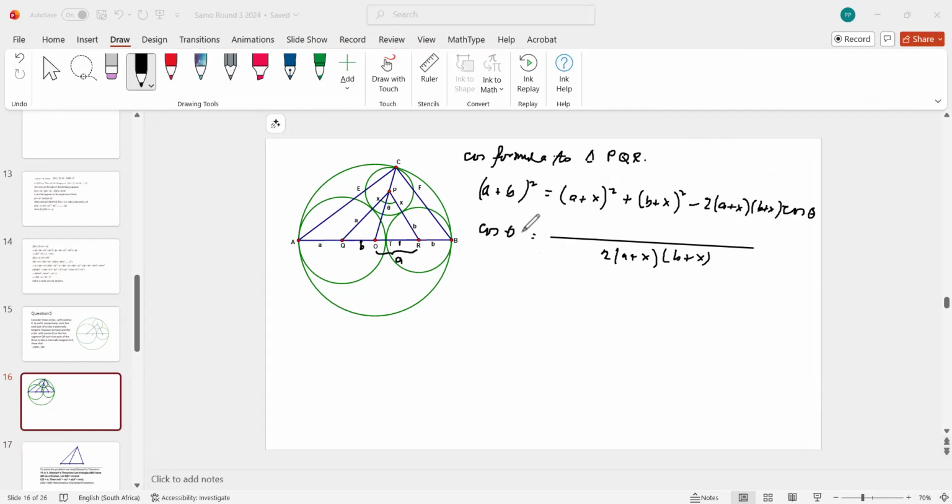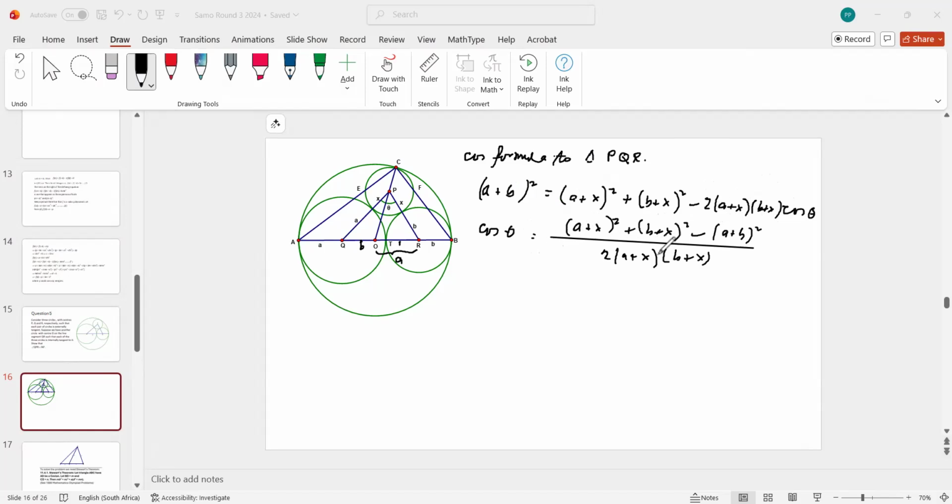I bring this thing to the left-hand side and divide by the coefficient. So what do you have here? You have A plus X all squared plus B plus X all squared minus A plus B all squared. You bring this to this side and that side.